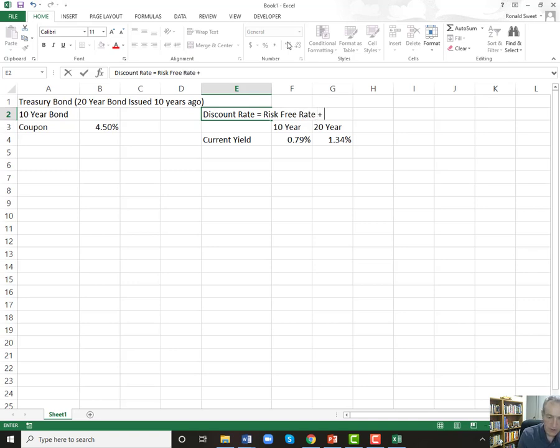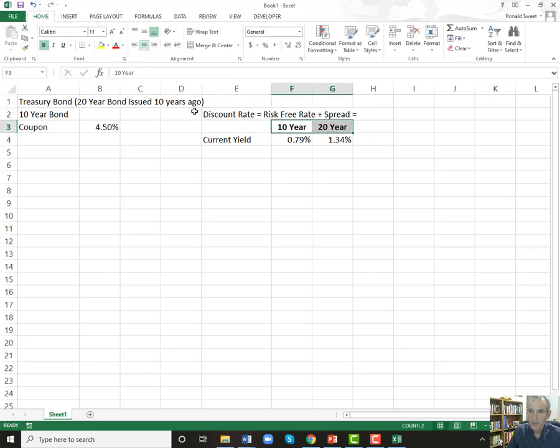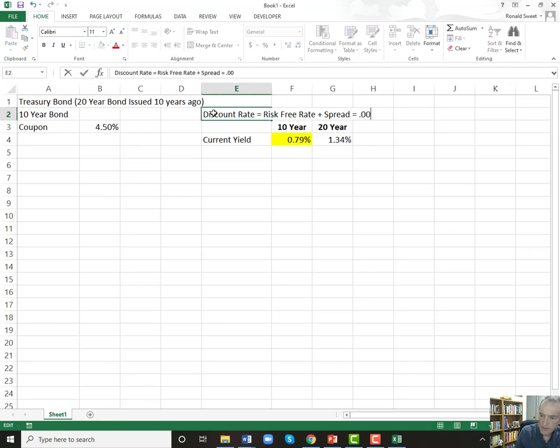rate plus a spread. So here, what's our risk-free rate? Well, we can't use the 20-year rate because it's not a 20-year bond anymore. It's a 10-year bond. So we're going to use a 10-year yield. And our spread, so 0.0079, our spread is 0 because it's the Treasury. It's risk-free.